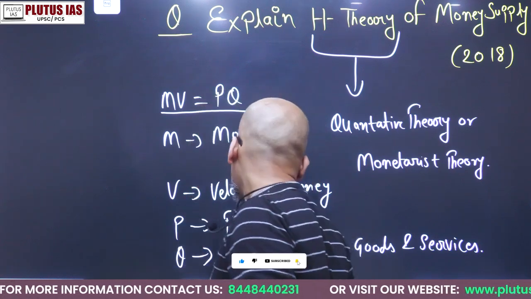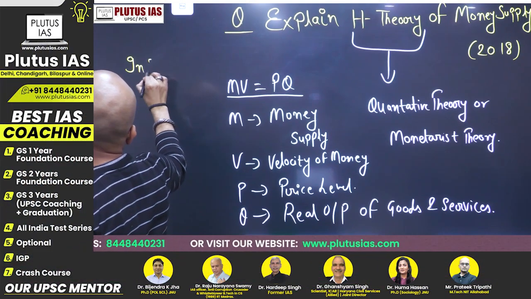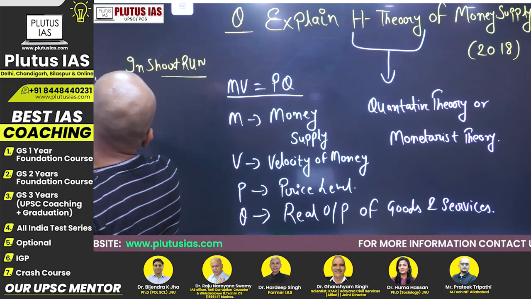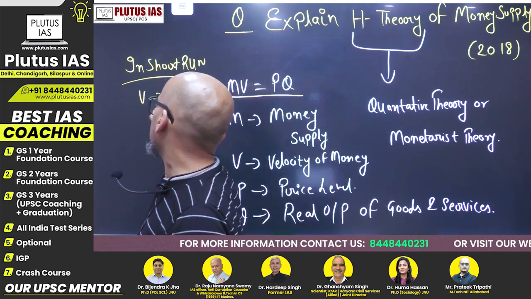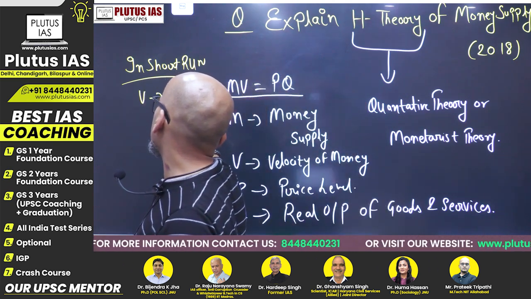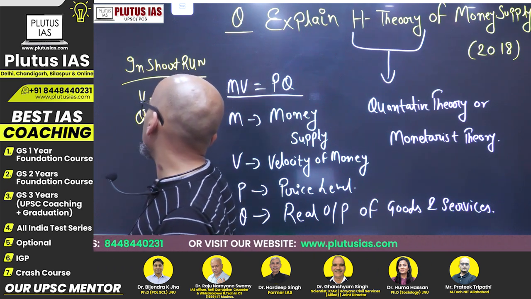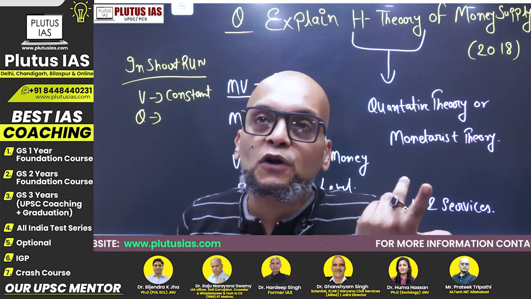How? See guys, in short run, if we talk about short run, the velocity of the money will remain constant. Q is the output, and output is not going to change.